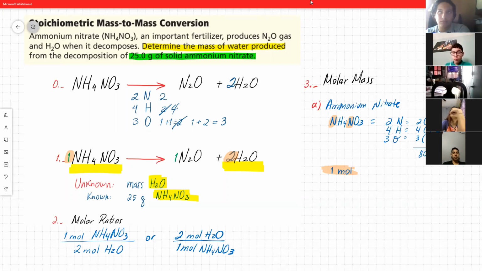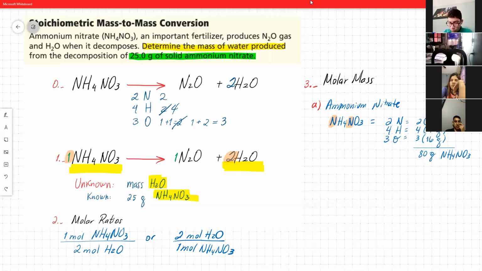It's 1 mole and the mass, okay? So you can do this as 1 mole of ammonium nitrate that has a molar mass of 80 grams of the same substance.